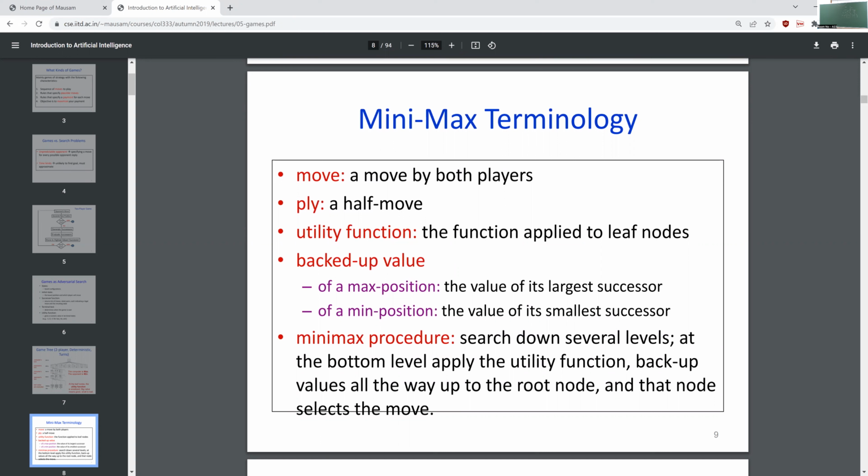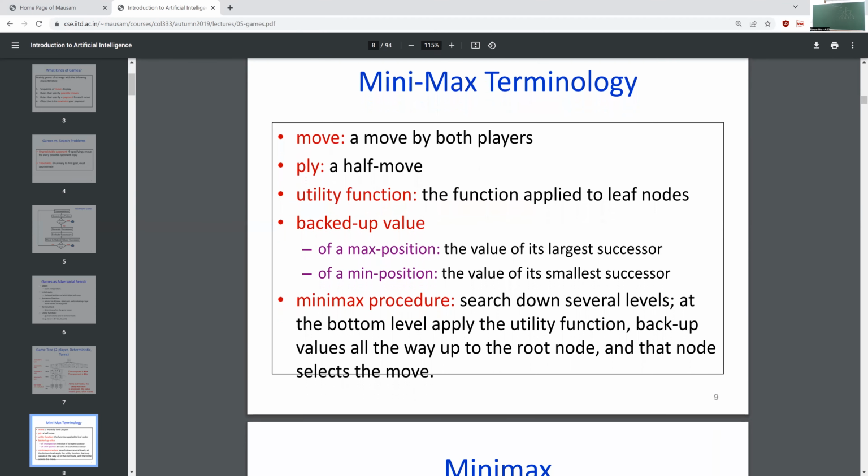So a move made by one of the players, maybe the agent or the opponent, we refer to as a ply, and two plies make a move. So a move is not just one player's move, it's consecutive plays by two players. That is what makes a move in this discussion.